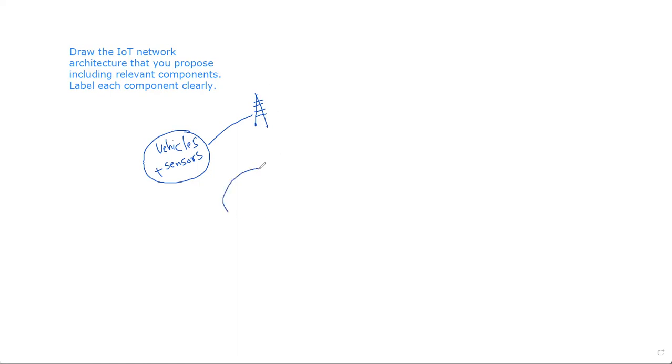Whatever it is, you can draw some kind of access point here, which will collect the data from the IoT devices. So you need to mention the access point. You can mention there's some communication happening, so some data transmission from the vehicles to the access point, and then from there you can do the rest of the communication.